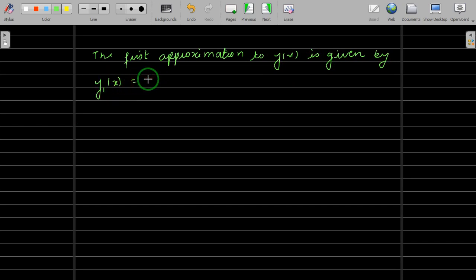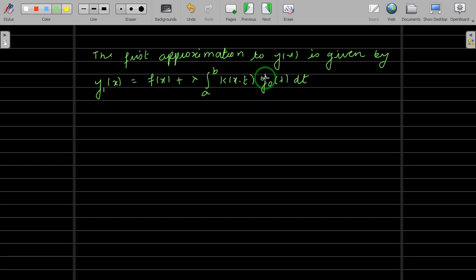So this is given by f of x plus lambda integral a to b k(x,t) y0(t) dt. So your first approximation depends on your zeroth approximation.